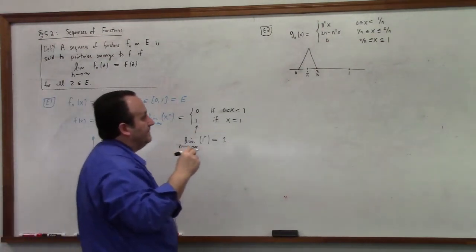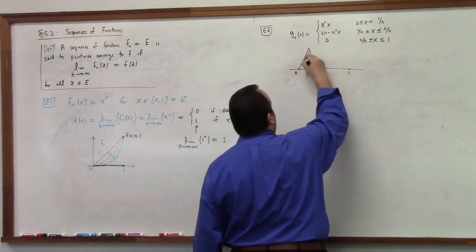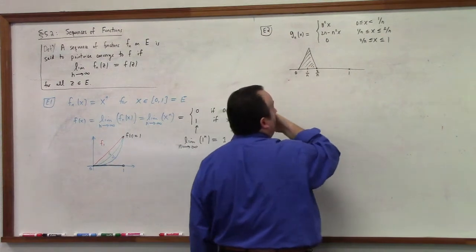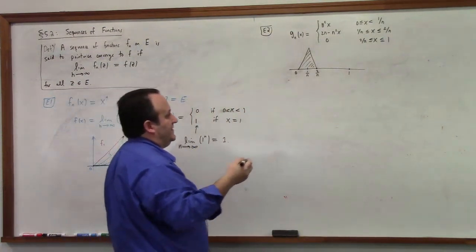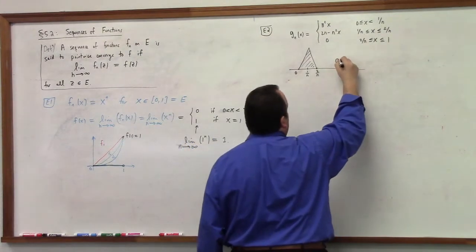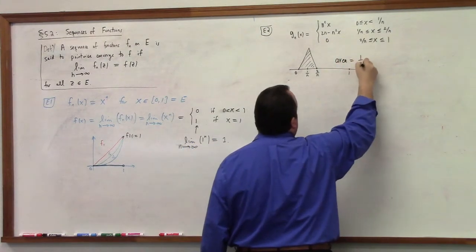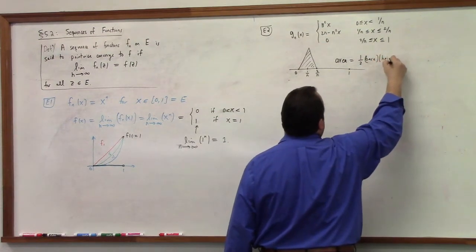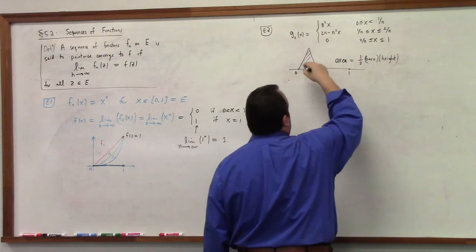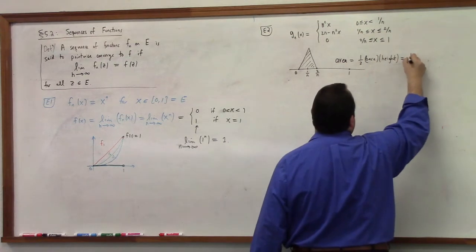What's the area bounded here? Yeah, 1/2 base times height. Great. What is that here for this triangle? The base, easy enough, is 2 over n.